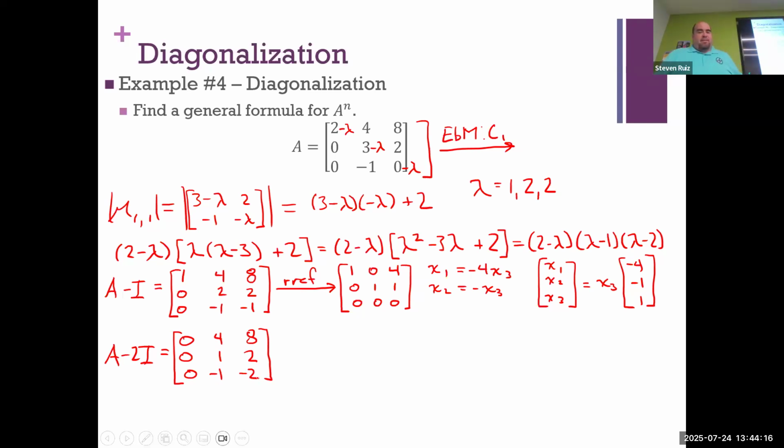All three of those look like the same row, right? Okay. All right, so what does that tell us? It tells us that x2 equals -2x3.